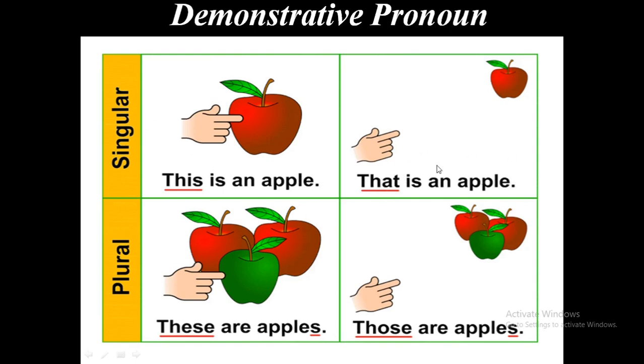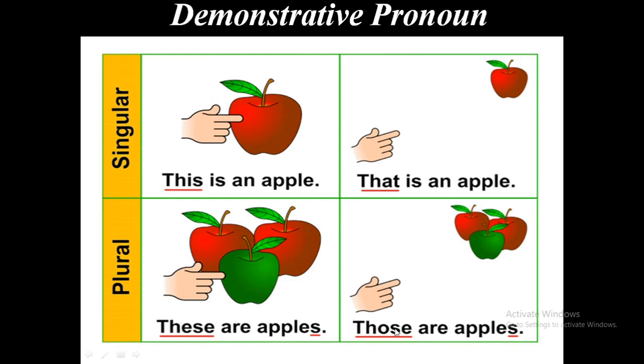This and that are singular demonstrative pronouns, and the plural demonstrative pronouns are these and those. So these are apples. Here apples are plural nouns, which were referred to by the word "these". "This" is used with the singular, and "these" is used with the plural.